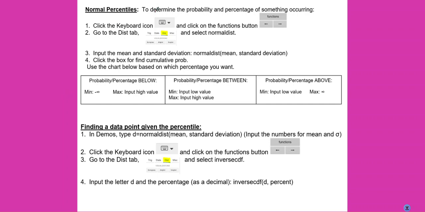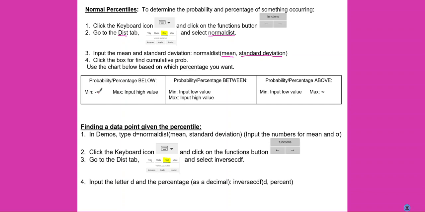So normal percentiles. To determine the probability or the percentage of something occurring, we can use Desmos. It is under functions, under the dist tab. And then we're going to use normal distribution to find the percentage. Once you click on normal dist, you need to input the mean and the standard deviation.